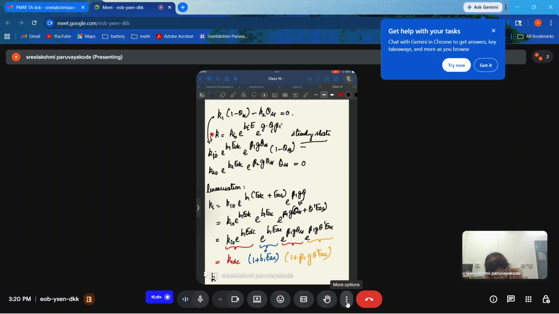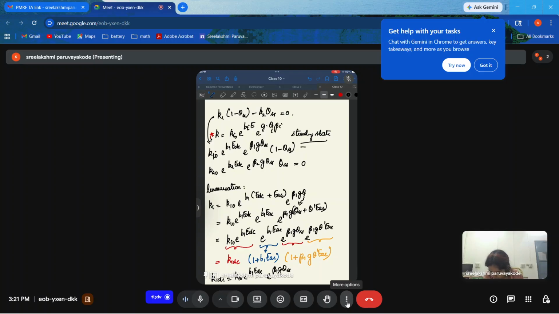So K1 DC is nothing but K1 naught exponential B1 EDC exponential of beta 1 g theta SS. Okay. So now whatever else is remaining is K1 DC into 1 plus B1 EAC into 1 plus beta 1 g theta dash EAC.